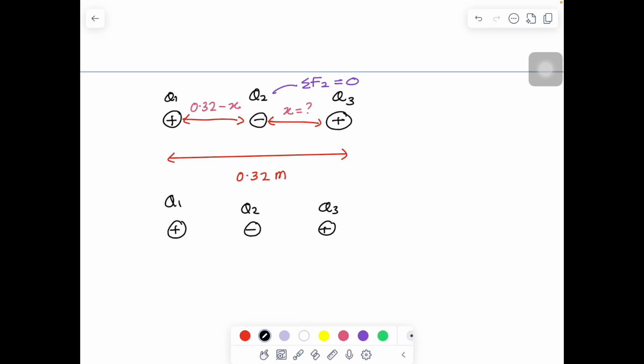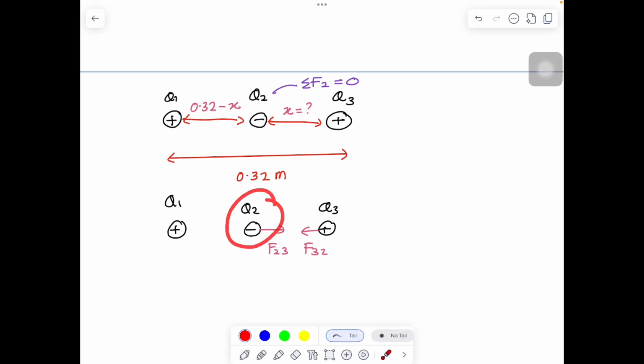So this one akan jadi F23, this one akan jadi F32, and then Q2 dan Q1, they will also attract each other. Okay, so kita akan ada F21 dekat sini, F12. So fokus kita pada 2 saja, yang 2 ni kita boleh padam.